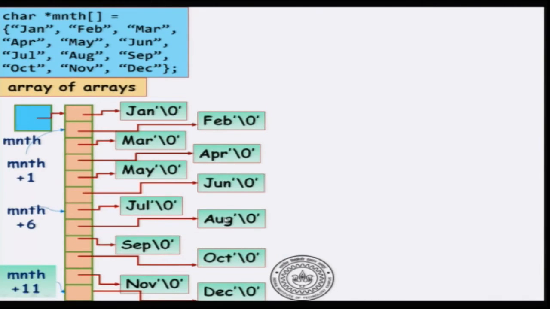So, let us look at this. The array of arrays picture is like this. You have an array of character stars. Now, each of those character stars may be pointing to different months. In this, every month is exactly 3 characters long, but you get the picture. Basically, in this, these rows can be of different lengths.